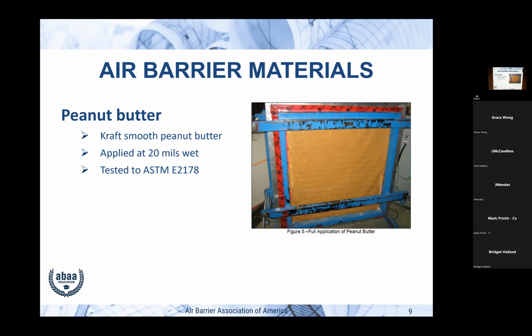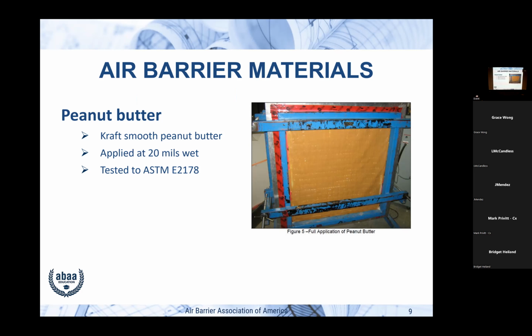But the good side of this one is I sat beside a guy from a testing agency. And I think he just wanted me to shut up. So he finally agreed to do a test on peanut butter. So it's an ASTM E2178 certified test. Okay, there's their specimen. We put it on CMU and we put it on 20 mils wet because with any fluid applied, the thickness is really critical.